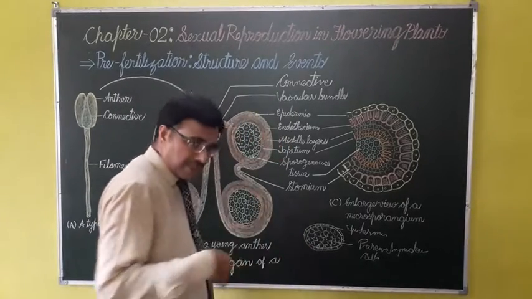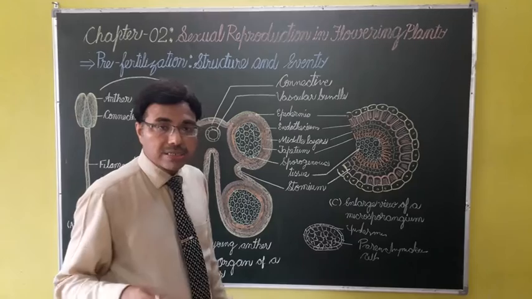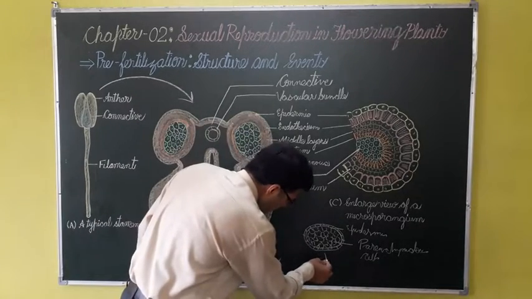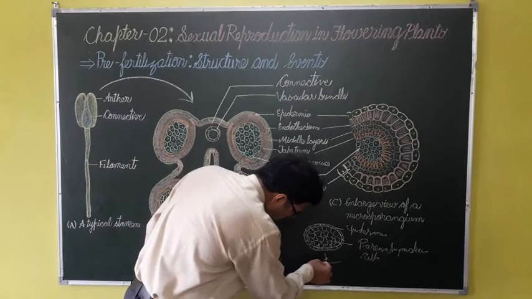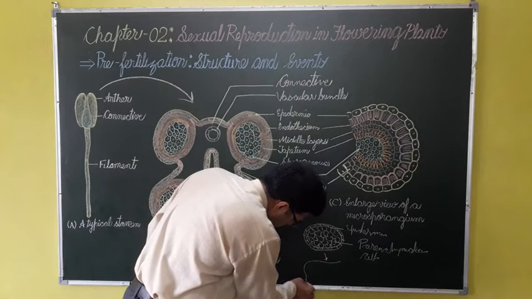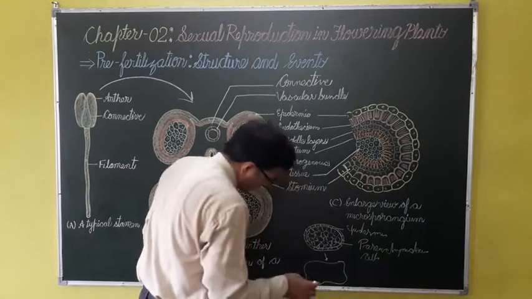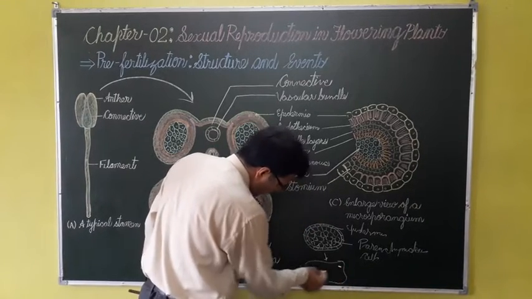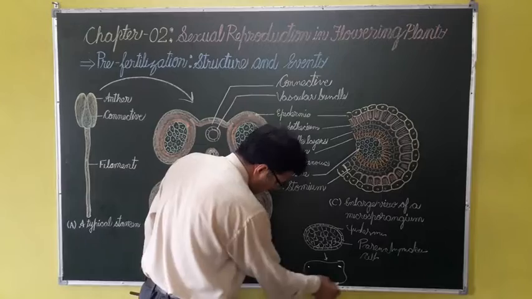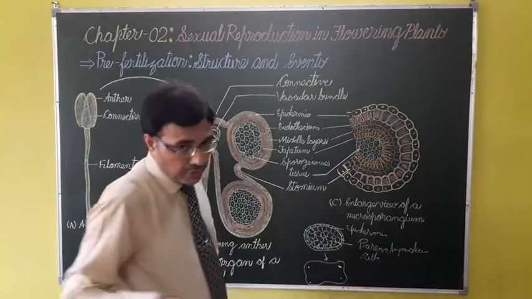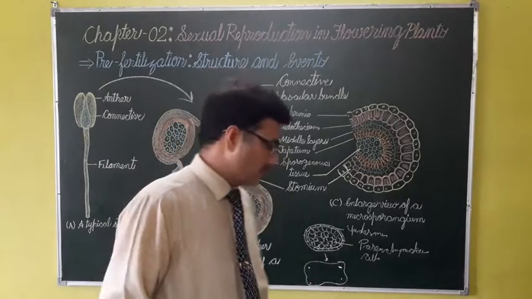Now, after some time, four corners develop like this. One is this corner, next, and this is the last corner. And at each corner, a few cells differentiate.